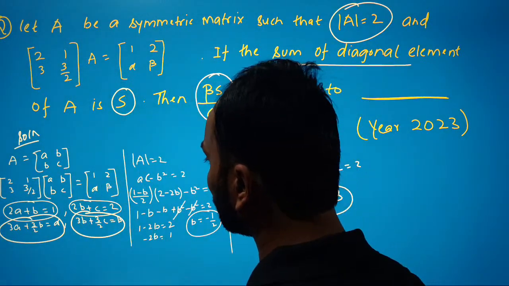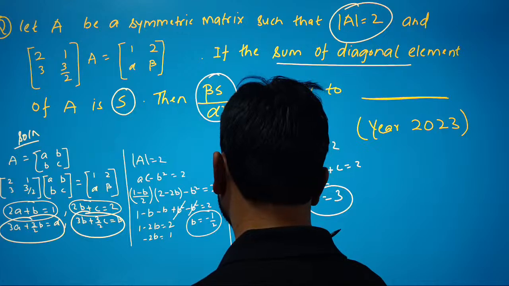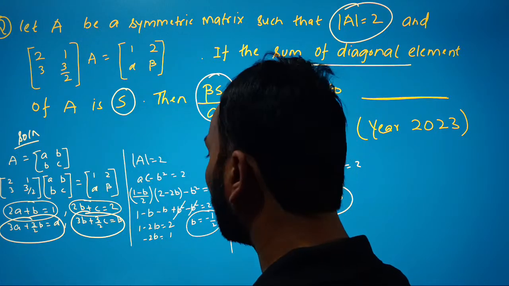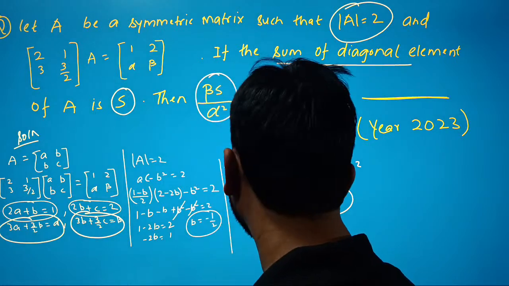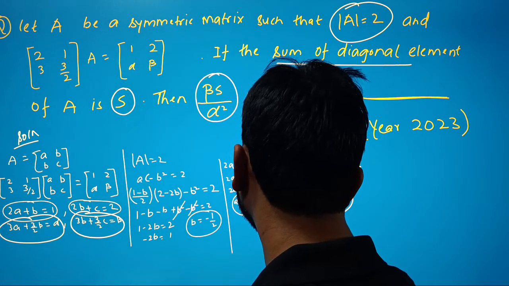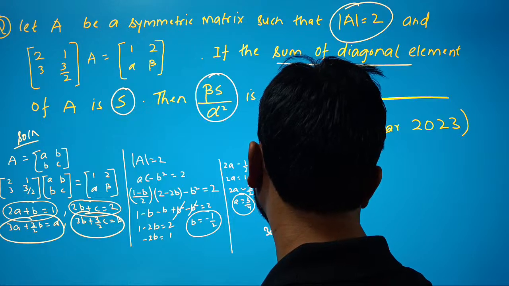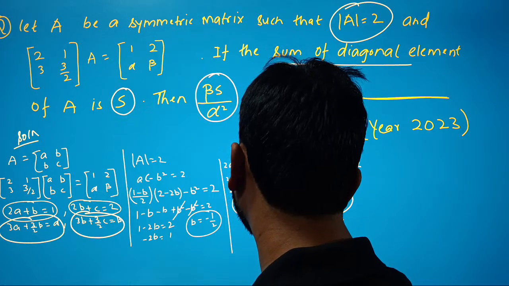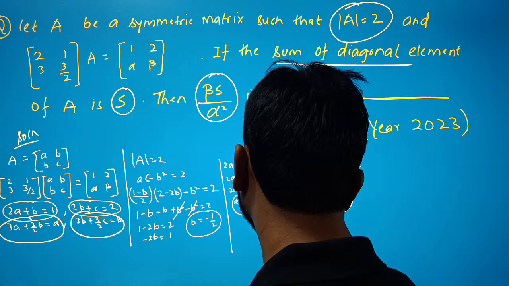Let's see how we can find alpha. 3A plus 3 upon 2B is equal to alpha, right? I know the value of A, so this is 3 into 3 upon 4 plus 3 upon 2 into B, and I know the value of B, minus 1 upon 2.